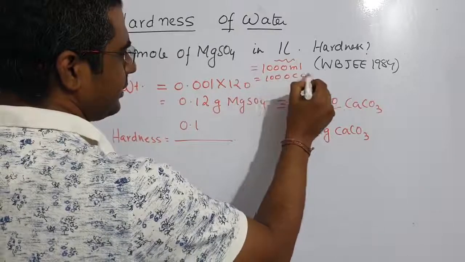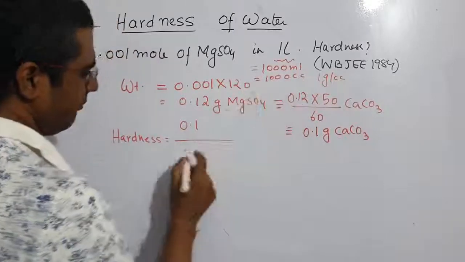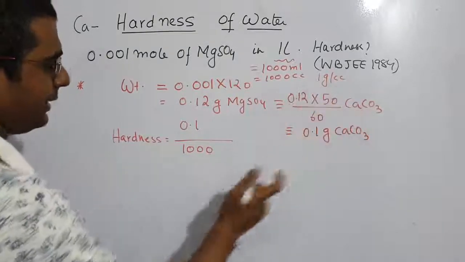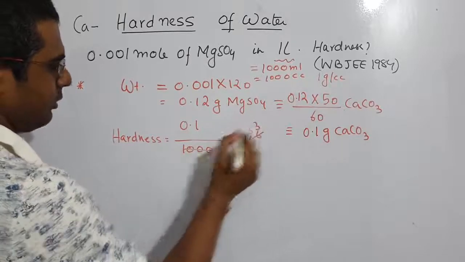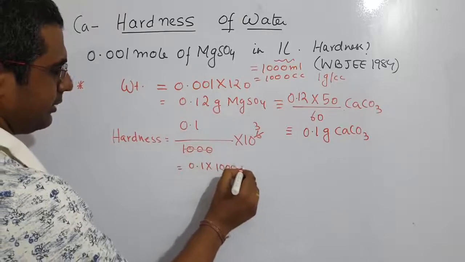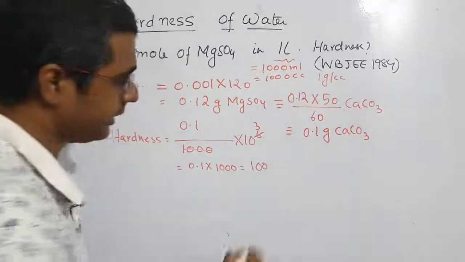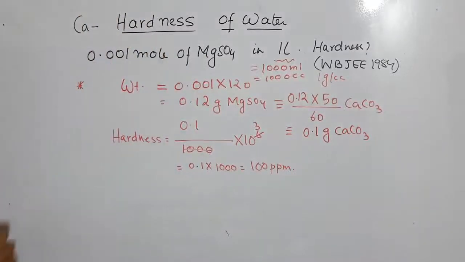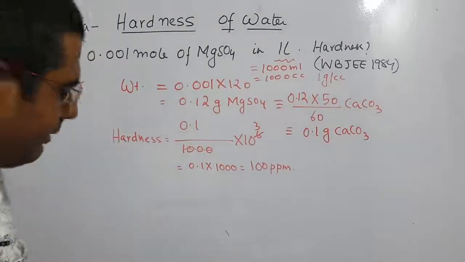And we know the density of water is 1 gram per cc, so definitely this is 1000 gram, into 10 to the power 6. So this gets cancelled out, and so 10 to the power 3 into 0.1, so 0.1 into 1000 basically. So this is 100. And what is the unit of this hardness? We have already said this, ppm. Clear guys? So now you know how to calculate the hardness. I hope everybody understood this problem.